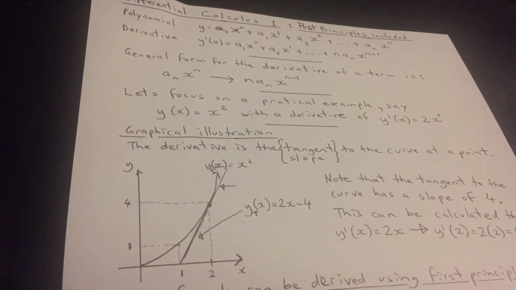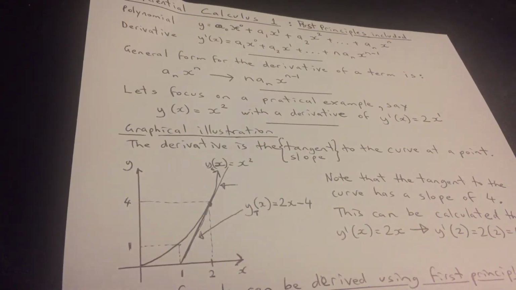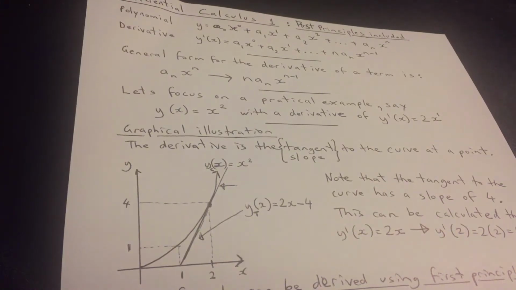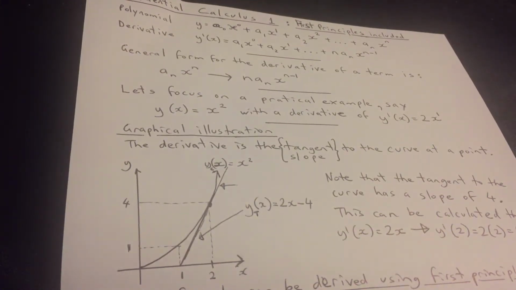So the constant doesn't matter in this case, and you'll notice that the slope is considered to be 2, and the reason why it's considered to be 2 is because for every step you take on the x-axis it goes up 2 on the y-axis.